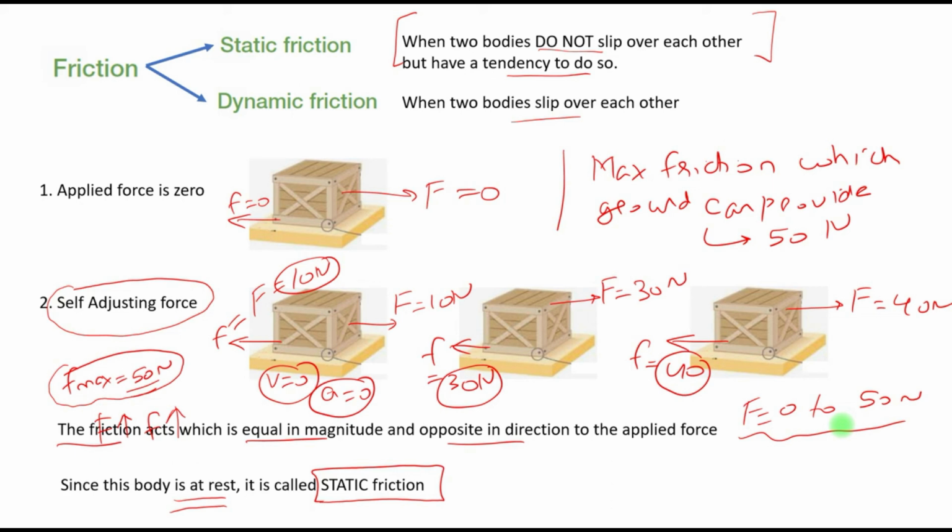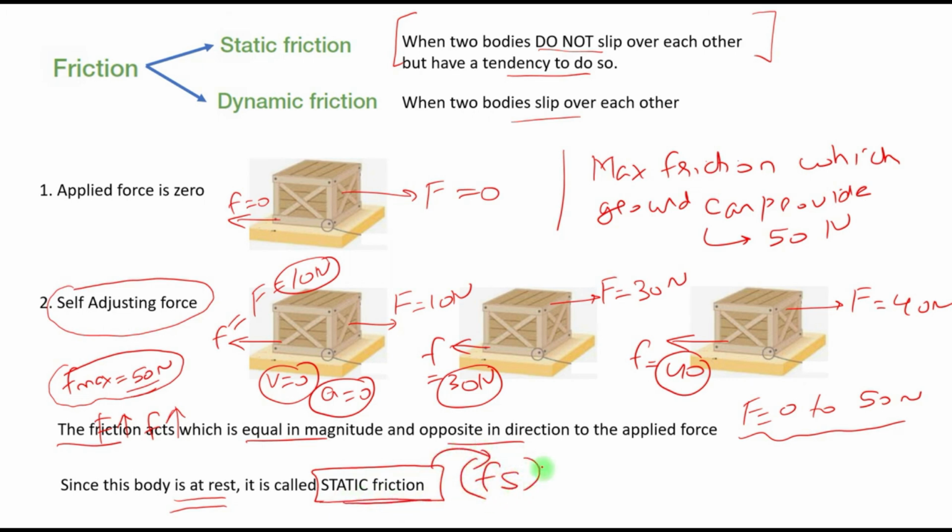Okay. So in this figure, you have seen that as we are increasing the force, friction also increases. In this case, we had assumed that the maximum value of friction is 50 newtons. Now consider a case when the applied force becomes equal to that maximum. Let's say the static friction is represented by the symbol Fs.